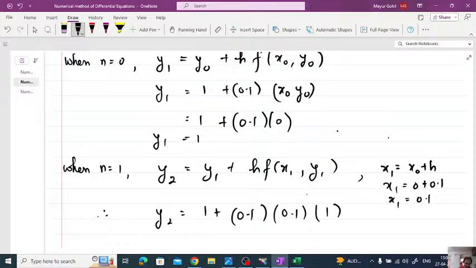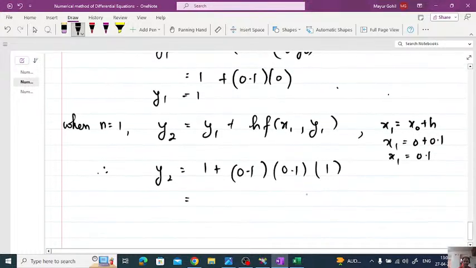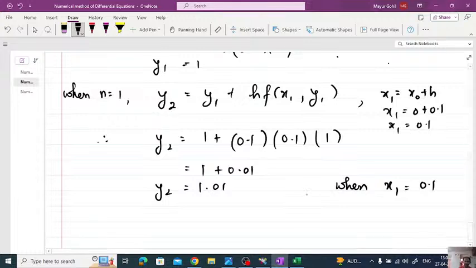So your answer will be 0.01, right? And here it will be 0.0 y2. So here you got your answer when x1 is 0.1.